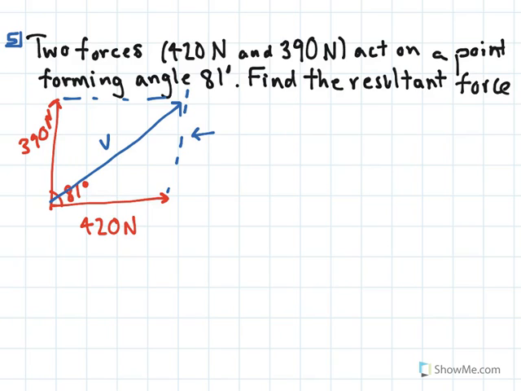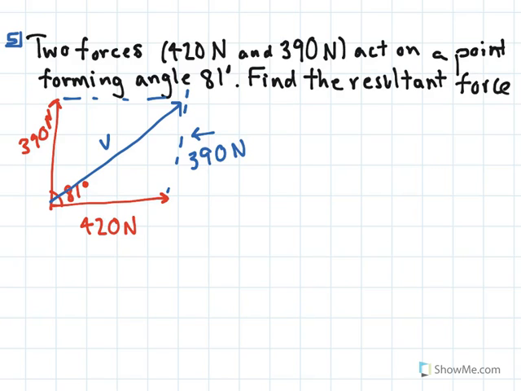So in order to solve for V, we have our two forces, right? Because we know that this side over here, this little dashed line that we drew, is also 390 newtons, just because of how parallelograms work. And we need to find V. So it looks like we're going to need first to find an angle in this triangle.